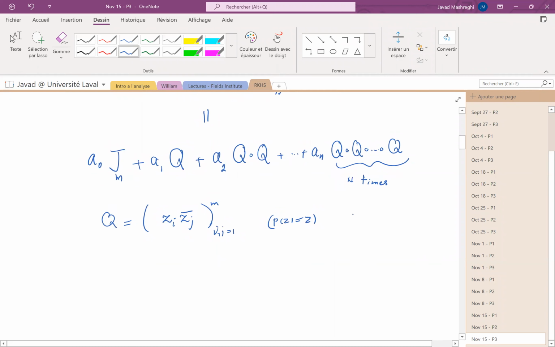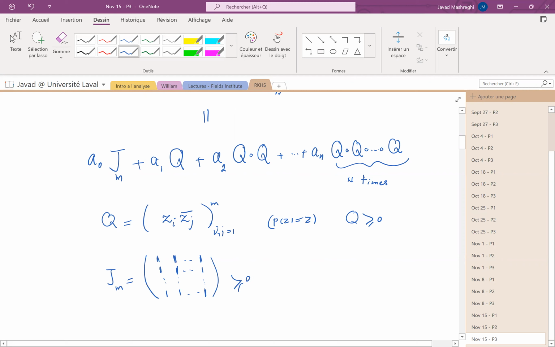I mean, we know Q is bigger than or equal to 0. And J_m is a matrix, all of its elements are equal to 1. And also this is positive.